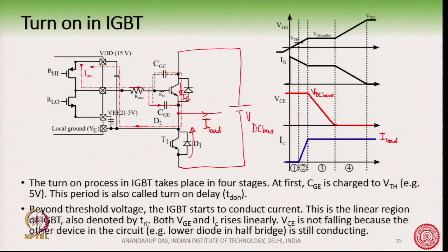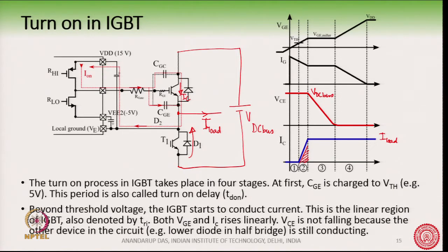If you plot the loss here, you will see that there is a loss happening in this region, stage 2, because there is an IC current and there is a VDC voltage, okay, and the loss is linearly rising here.